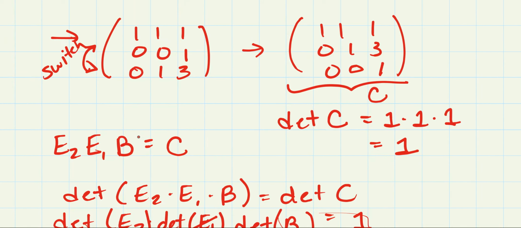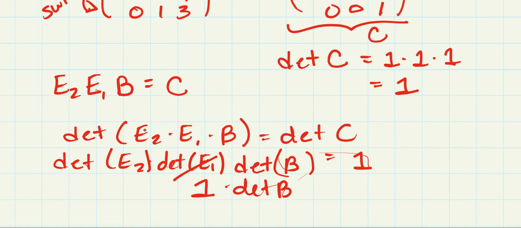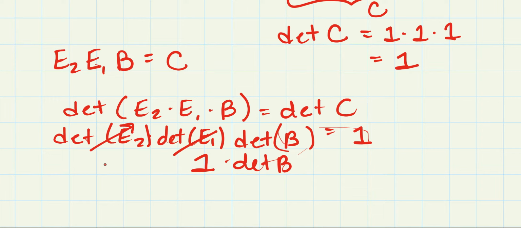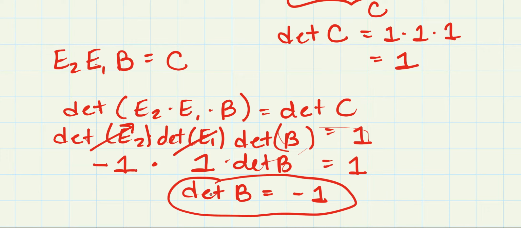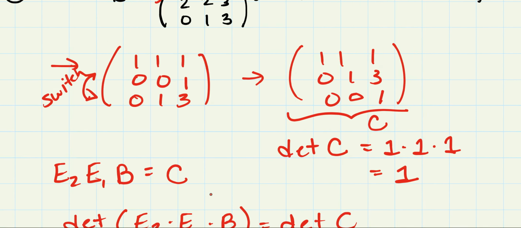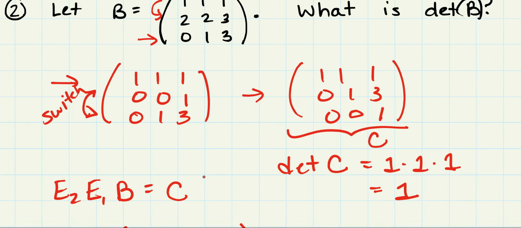For E2, this corresponded to switching 2 rows, and that type of matrix has determinant -1. So that tells me that the determinant of B is -1. Okay, you can double check this if you like. You can maybe go down this row here and see if you get the same answer.